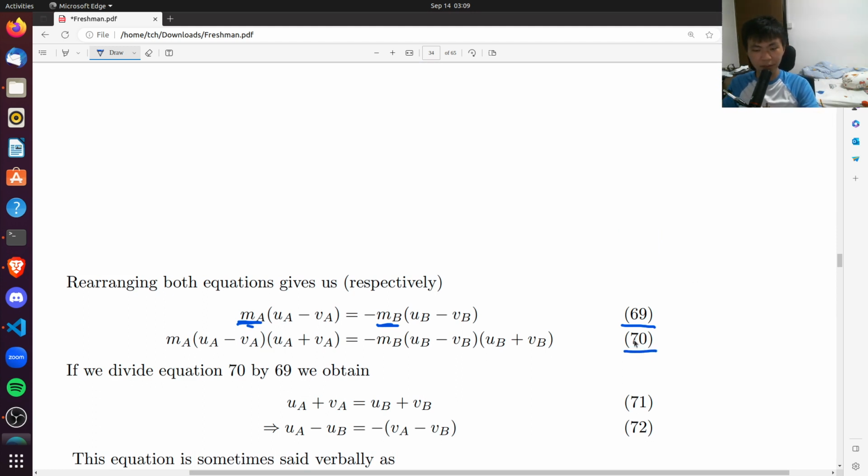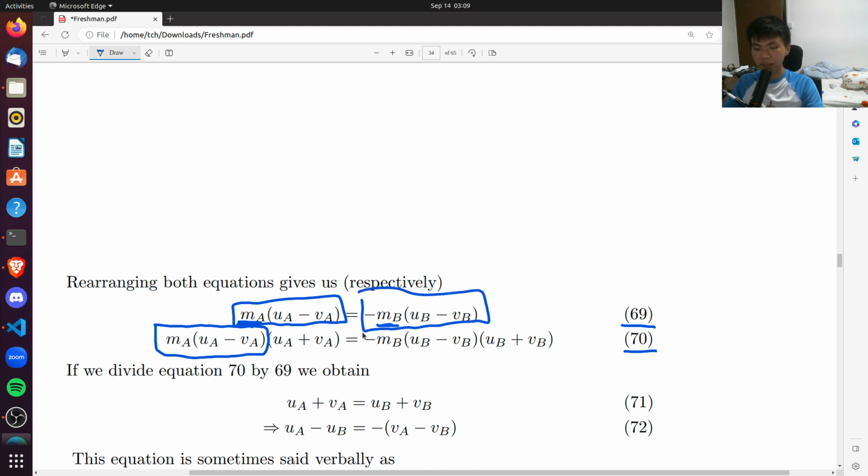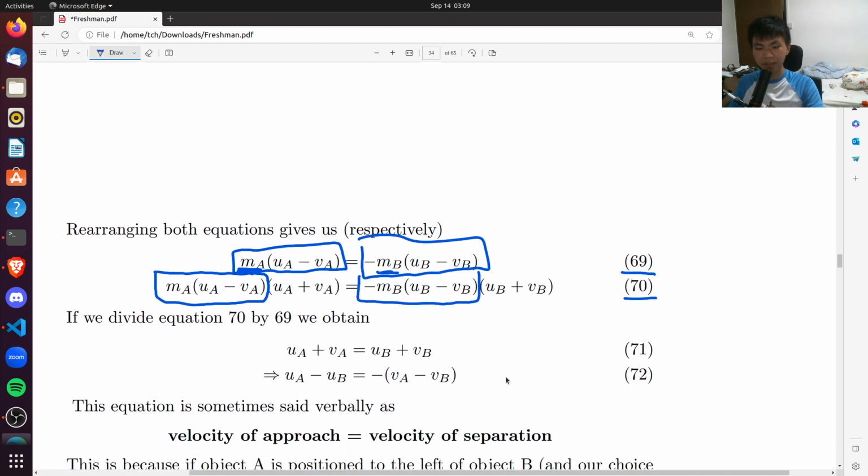Something nice we see here is that equation 70 is a multiple of equation 69. Specifically, this factor is precisely this thing, and this factor is precisely this thing. So if we divide equation 70 by equation 69, we get UA plus VA equals UB plus VB.